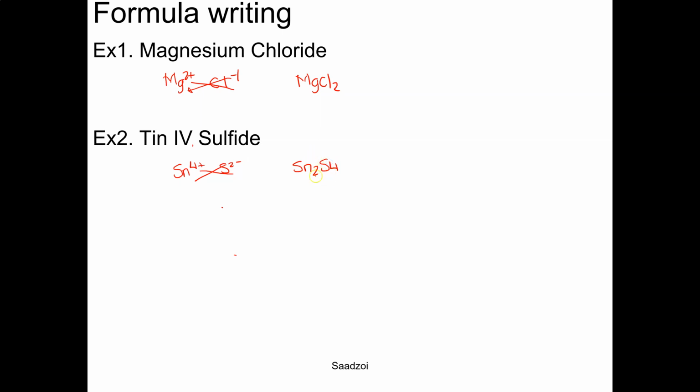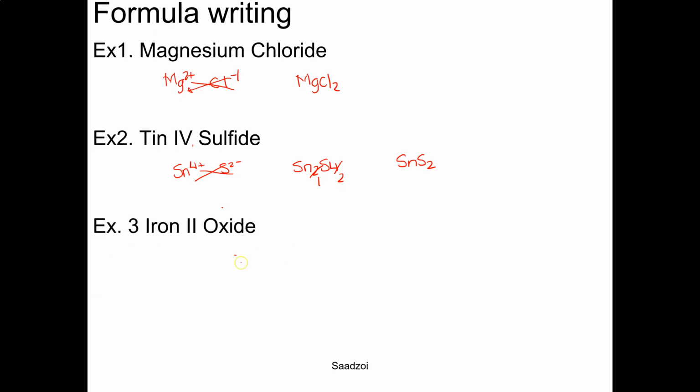Now, the only thing about the crisscross method, these subscripts need to be reduced whenever possible. So here, there's nothing to reduce, it's just 1 and 2, but here it's 2 and 4. So you can reduce this down to 1 and 2, so you get SnS2. So whenever possible, you do need to reduce the subscripts for any formula writing. That's the one requirement of the crisscross method. You do need to reduce it.